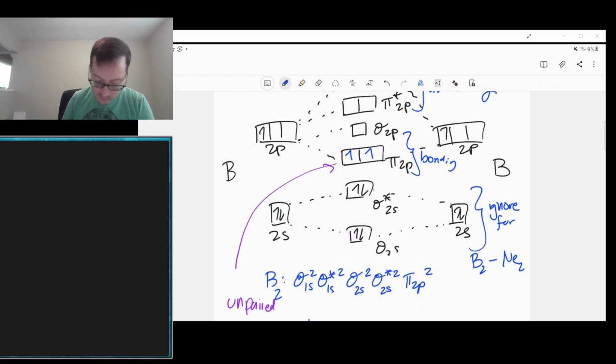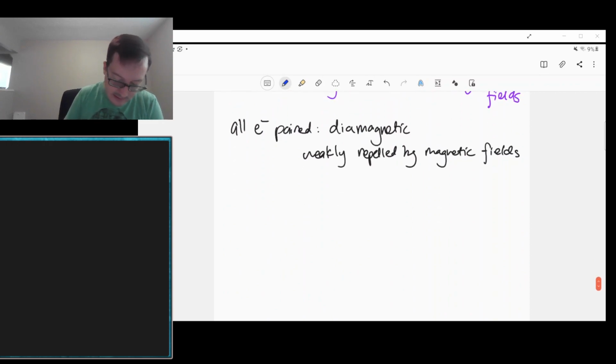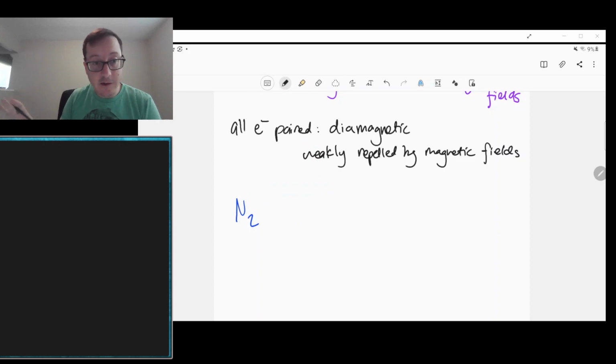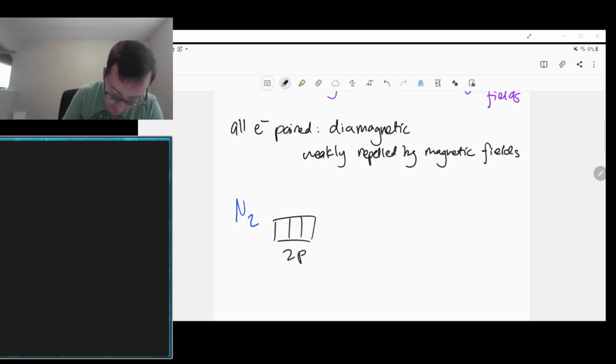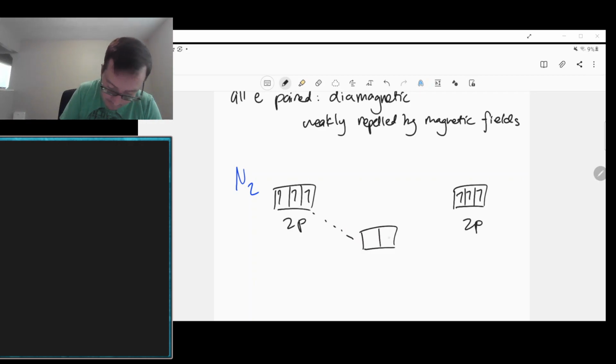So let's keep going. How about we look at N2? N2, we have the same idea. Again, I'm just looking at the p orbitals now. Nitrogen has 3 p electrons, and I'm again omitting 2s. So we're going to have the same construction as before.